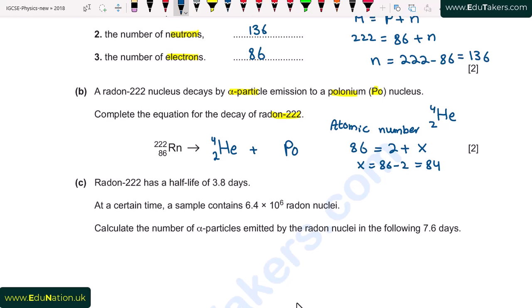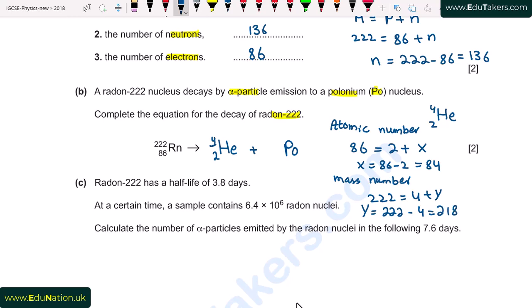So I am going to find out the mass number now. On left hand side, mass number is 222. It will be equal to, on right hand side, 4 plus y. So the y value comes to be 222 minus 4, it is 218.